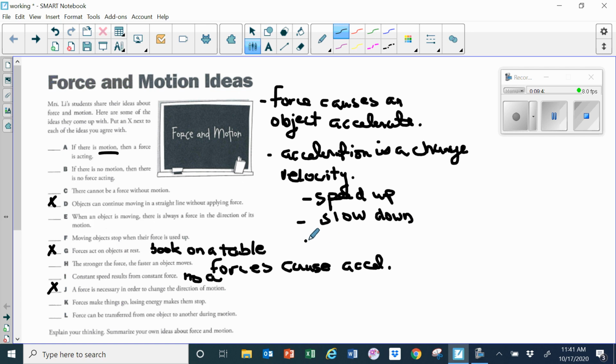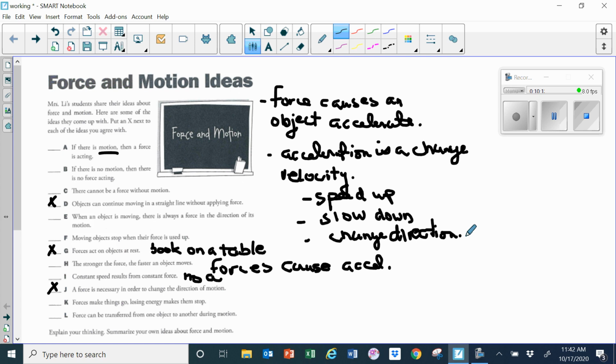And one is change direction. So you look at that, a force is necessary to change the direction of motion? You bet, because without a force, the object would continue moving or continue at rest until an outside force is exerted on it.